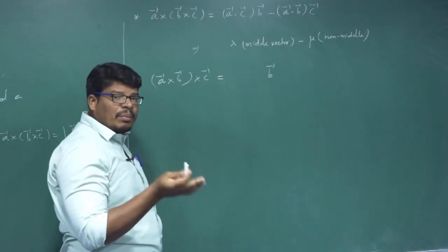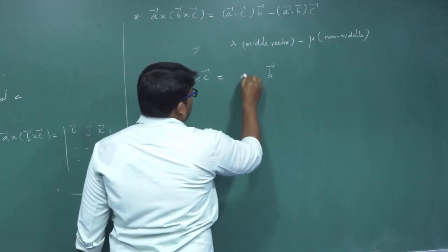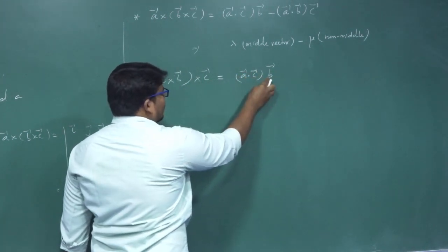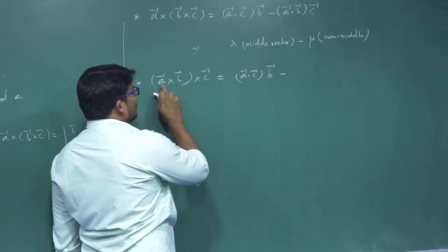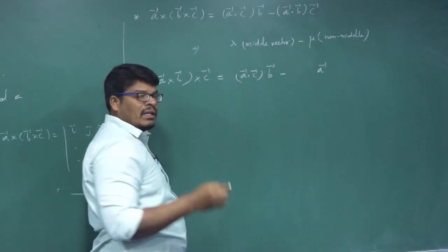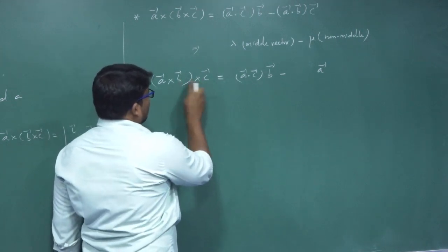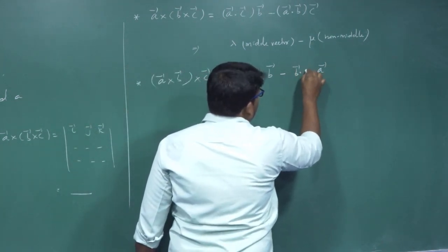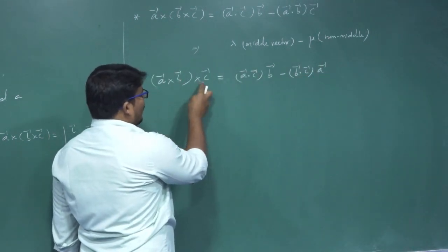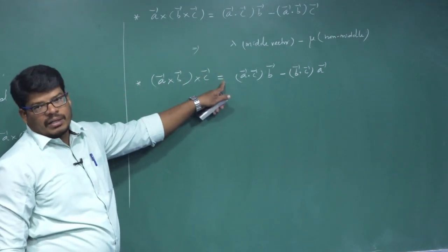The dot product of the two vectors other than the middle vector is A dot C, so A vector dot C vector into B vector, minus the non-middle vector, which is A vector. The dot product of the two vectors other than the non-middle vector is B dot C, so B dot C into A vector. A dot C into B vector minus B dot C into A vector. That is the expansion of vector triple product.